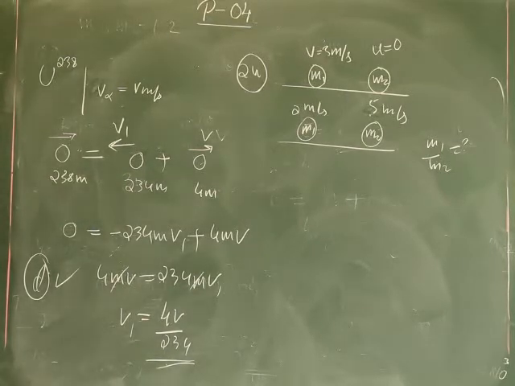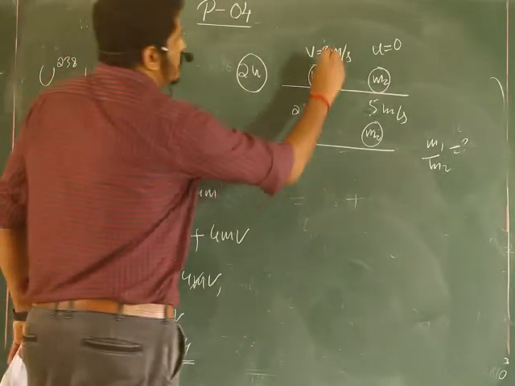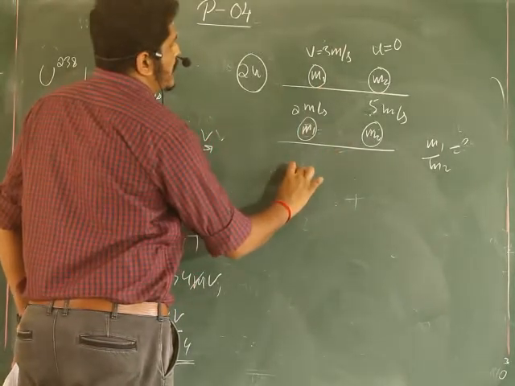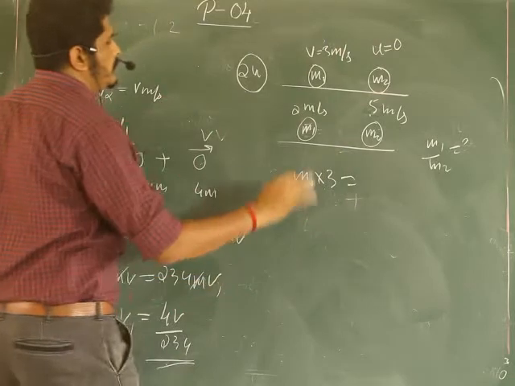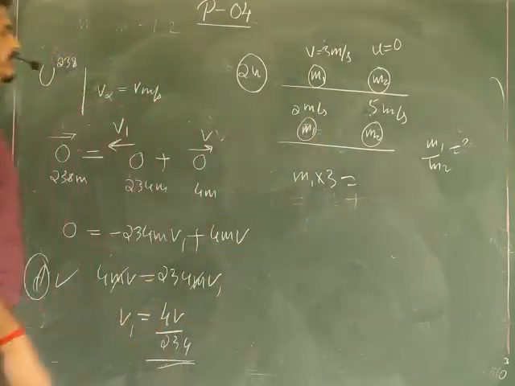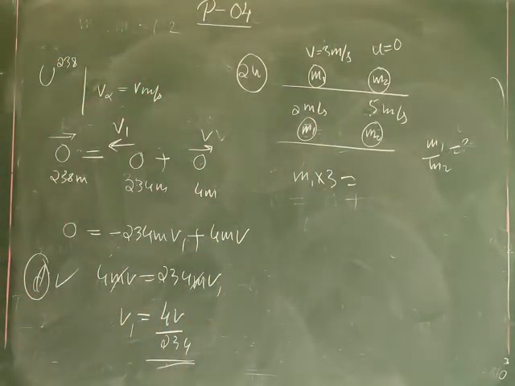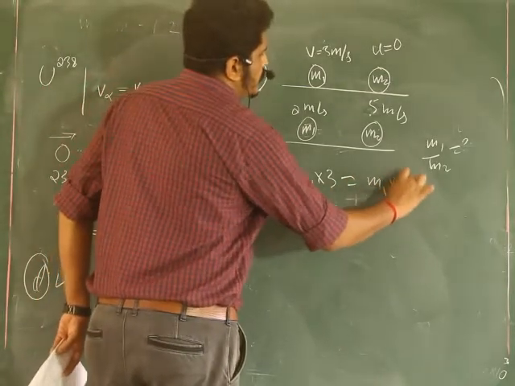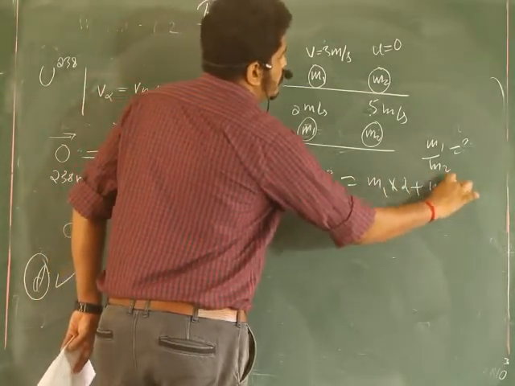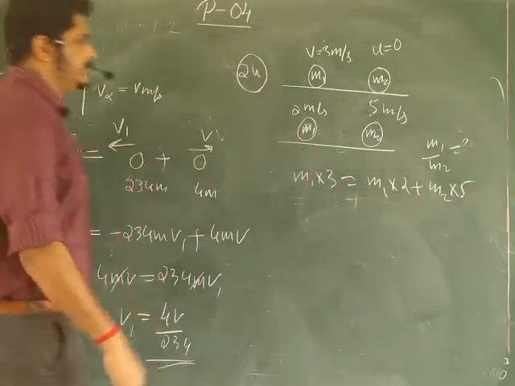Now I have drawn the diagram. Before collision, m1 into 3, m2 into 0, so leave it. After collision, m1 into 2, next m2 into 5, correct?